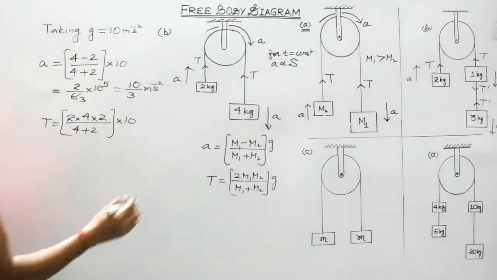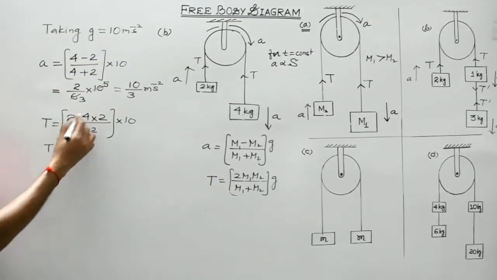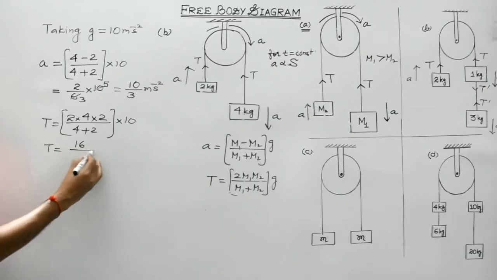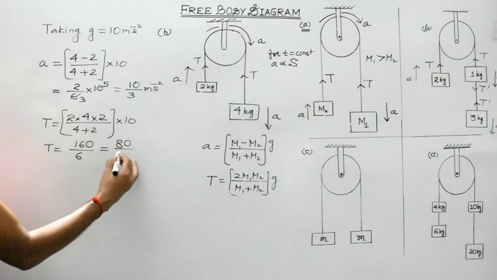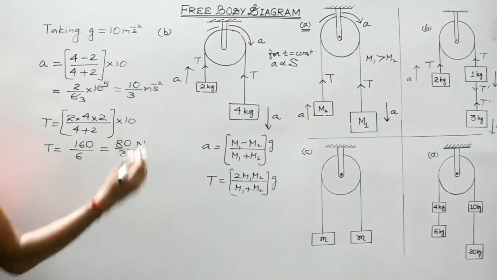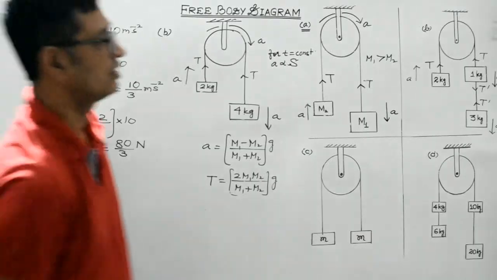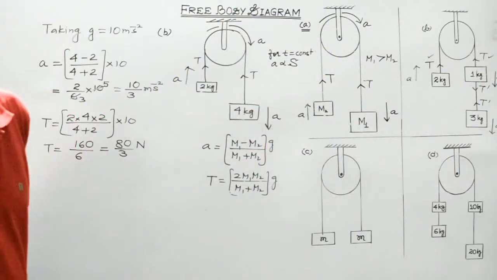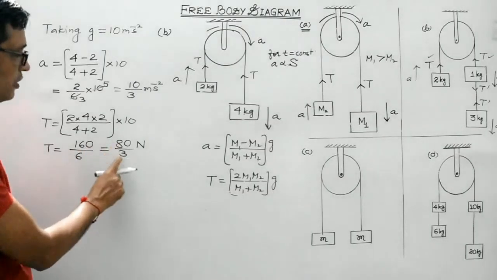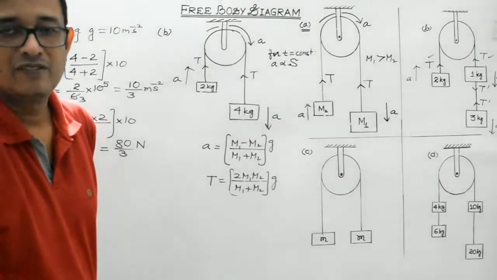I am making use of this formula. So tension would be equal to 16 divided by 6 into 10. Right? So it is 80 by 3 Newton. So this is the tension in this string. So T has been calculated. The tension in the string is 80 by 3 Newton.